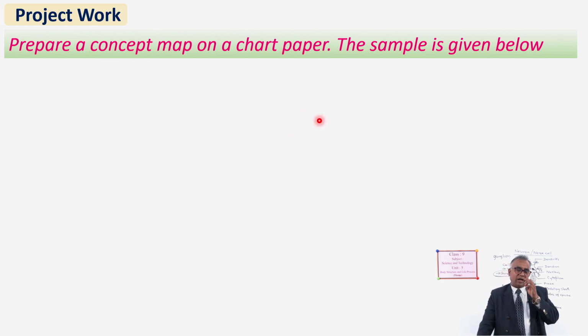And now your project work. We have finished two types of animal tissues, and here I am giving you project work for animal tissue and plant tissue, both. So what is your project work? Prepare a concept map on a chart paper. The sample is given below.